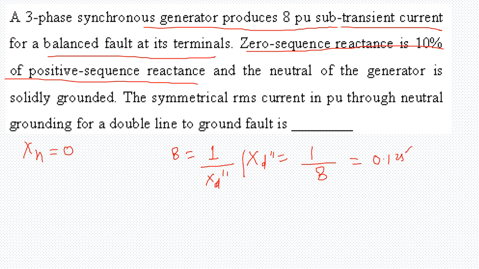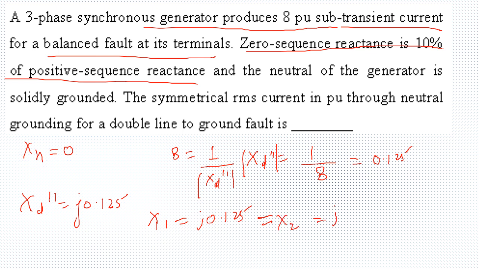Let us say this is the magnitude, so Xd double dash is equal to j 0.125. Since we are not given any information related to the steady state, let us consider that this is our X1. So our X1 is j 0.125. Also, let us consider that it is nearly equal to X2, the negative sequence impedance.